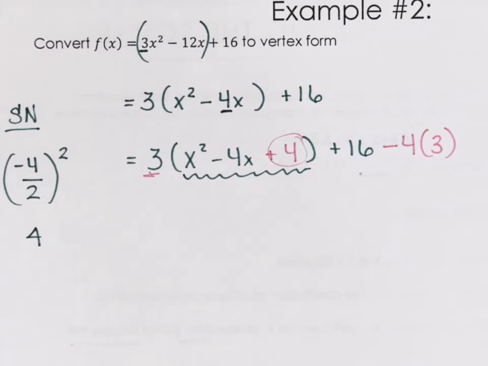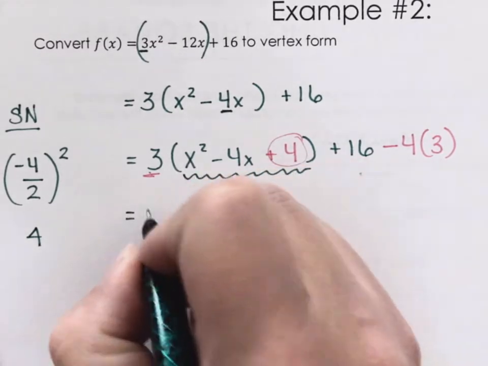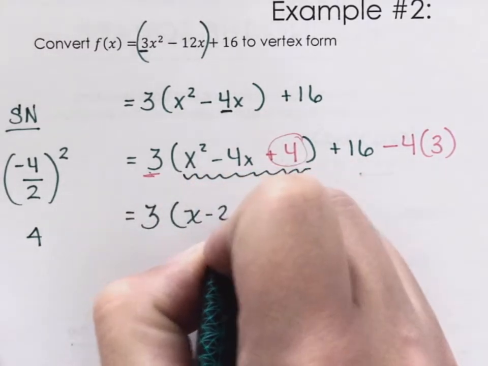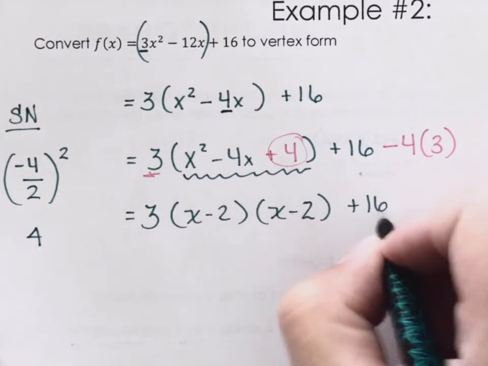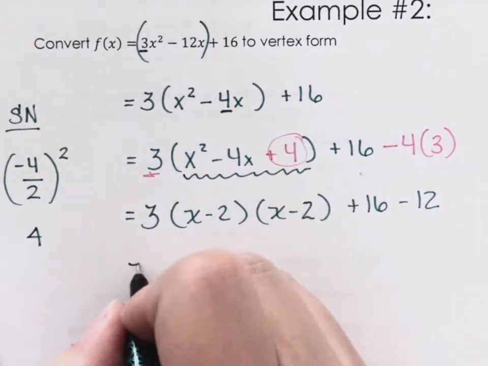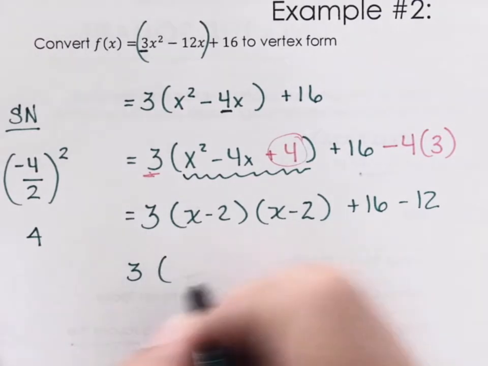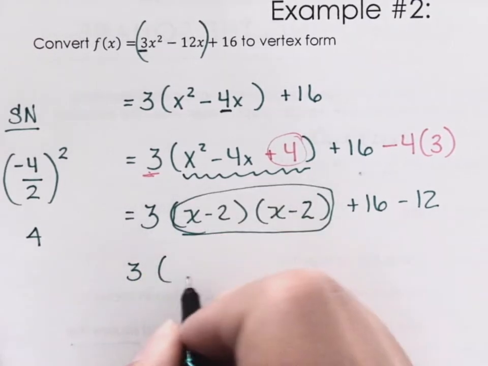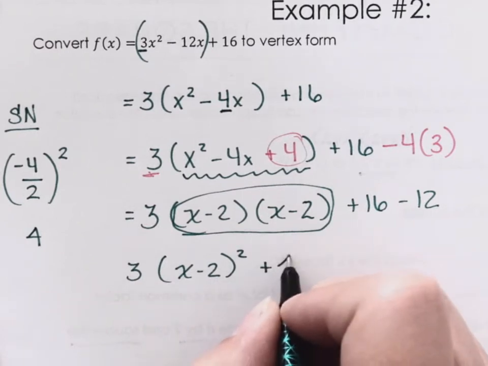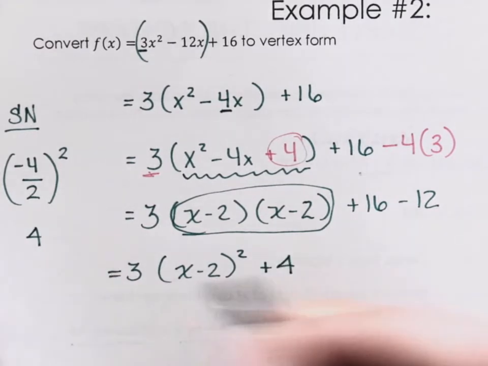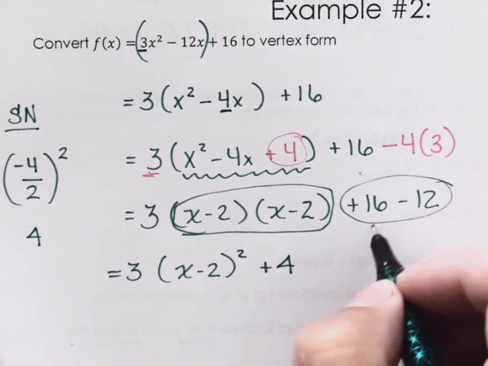They're always going to be the exact same, ladies and gentlemen, because we're dealing with perfect squares. So we are going to have 3x minus 2, x minus 2, plus 16 minus 12. So we are going to have, I'm just rewriting this as x minus 2 squared, and then plus 4. I'm combining those to give me that.